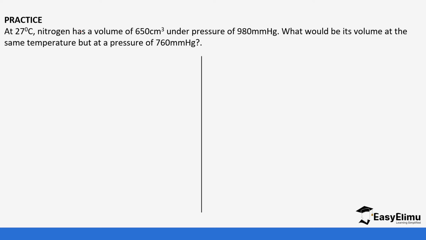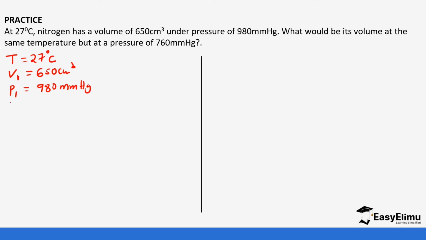So let's note down what we have been given first of all. First, we have the temperature, which we have been told is 27 degrees Celsius. Then we have the first volume, which we'll call volume 1, which is 650 centimeters cubed. And then we have pressure 1, which is 980 millimeters of mercury.